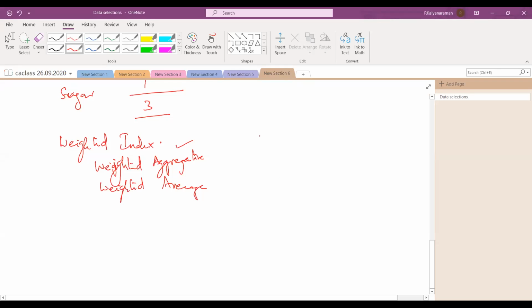So what we do, we multiply by sigma W P n, sigma W P naught. Generally we attach the same weight, say W P naught into 100.